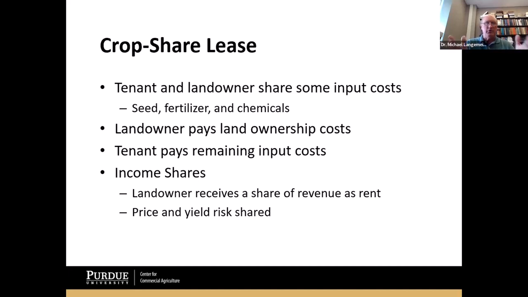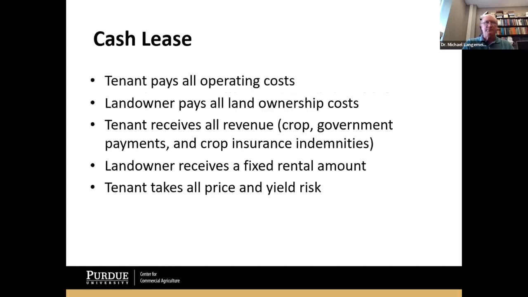So that's kind of our historical standard, the crop share lease, and obviously the shares vary. They're more 50-50 in the Eastern Corn Belt here. And as you go all the way to Western Nebraska, they're more 1/3, 2/3, maybe 40-60 in Eastern Nebraska, or 50-50, depending on exactly what type of land it is. And so that share does change depending on where you're at in the Corn Belt. But that's the basic idea, as we're sharing some of the costs and we're sharing the revenue.